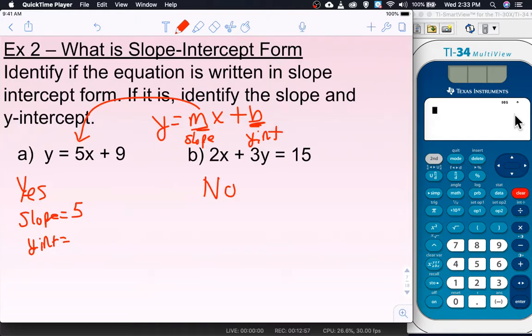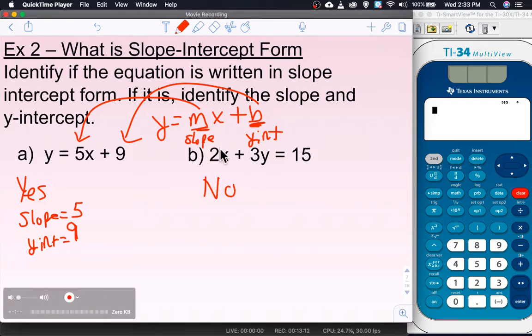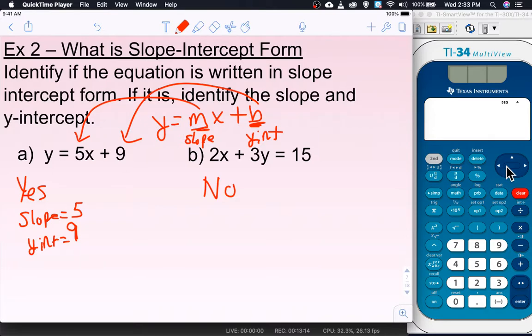The coefficient of x is the slope. And then the b, the y-intercept, is the constant. In this case, it's 9. It's the thing without a variable. Now, we don't need to do that for letter b because this is not slope-intercept form. It said if it is slope-intercept form, then you find these things. So these two are done.